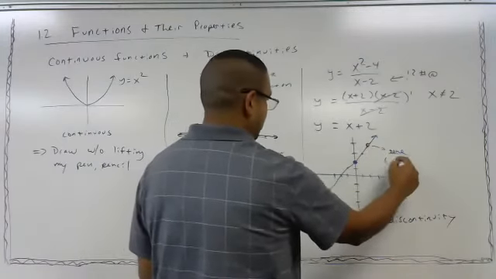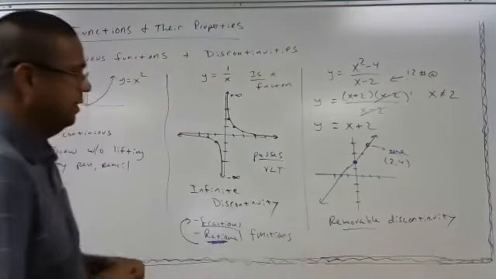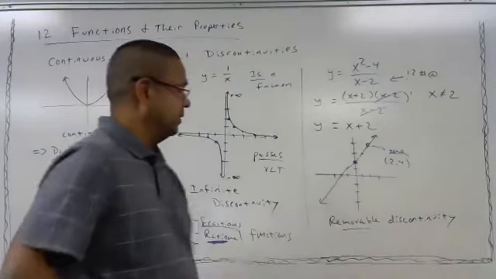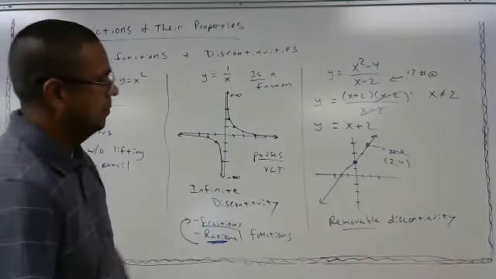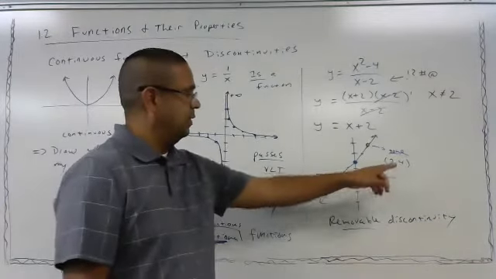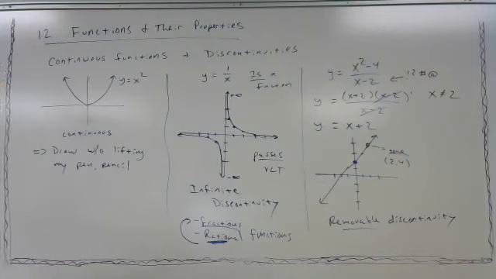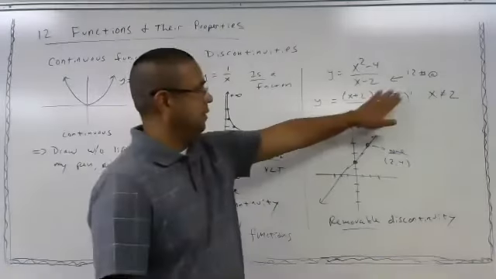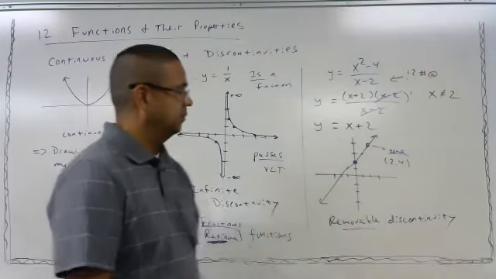I cannot get to the point (2, 4). (2, 4) is not on this function. So 2 is not in the domain and 4 is not in the range. How do I know it's 4 algebraically? Well, after I remove that 0, if x was 2, what's 2 plus 2? 4. Okay.